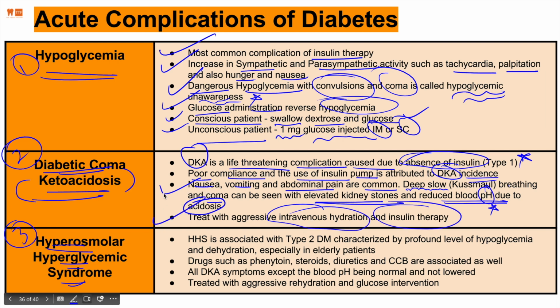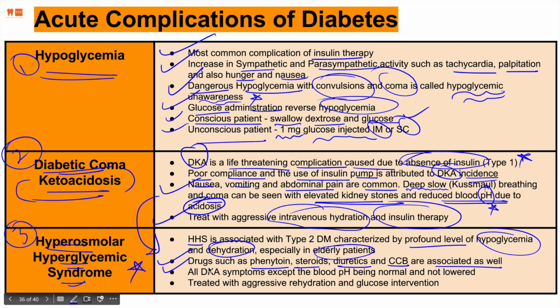Okay. Hyperosmolar hyperglycemic syndrome, it's literally the same thing with one little change. HHS is associated with type 2 diabetes mellitus, with profound levels of hyperglycemia and dehydration, especially in elderly patients. Drugs such as phenytoin, steroids, diuretics, calcium channel blockers are associated with it.